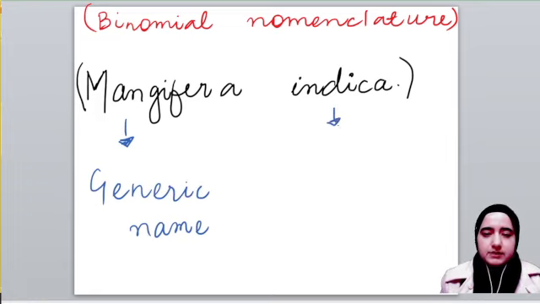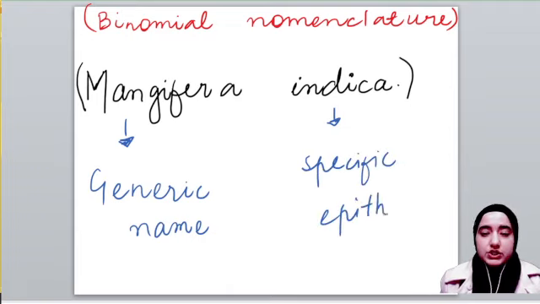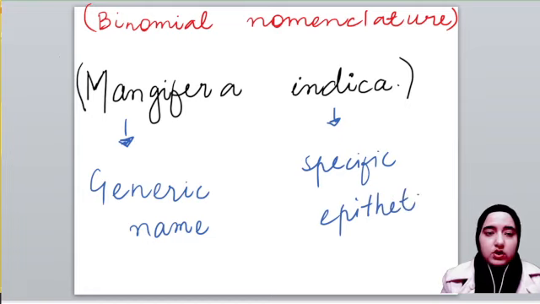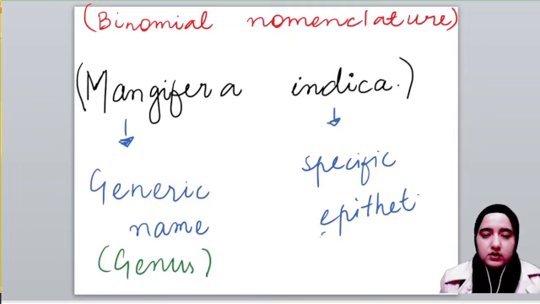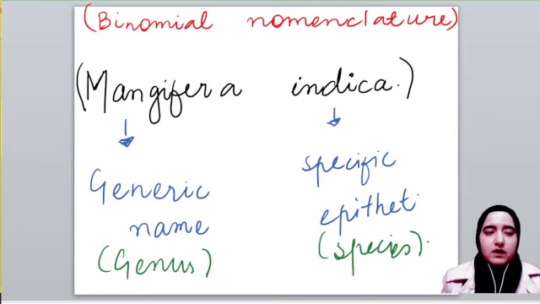And indica simply means the specific epithet. That means here we are talking about genus, and here we are talking about species.